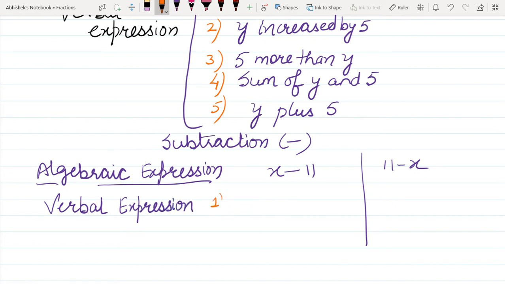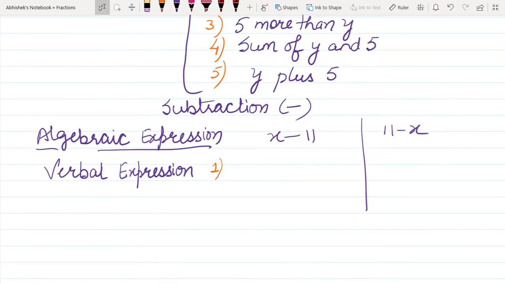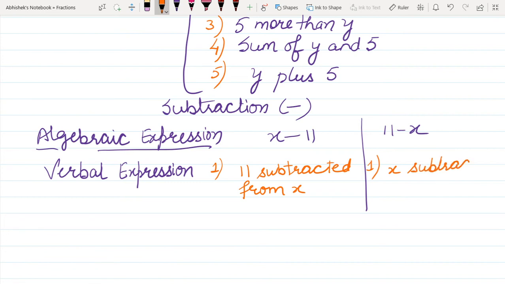We can express x minus 11 in different ways. One is 11 subtracted from x. But in 11 minus x, it is x subtracted from 11.